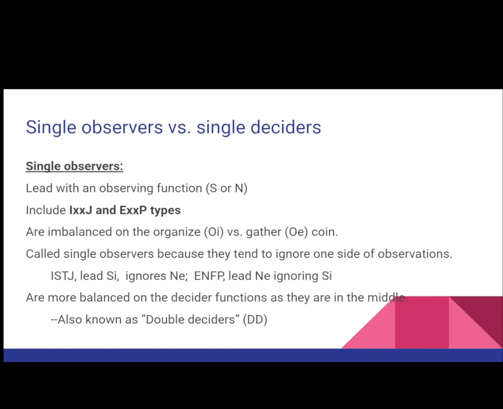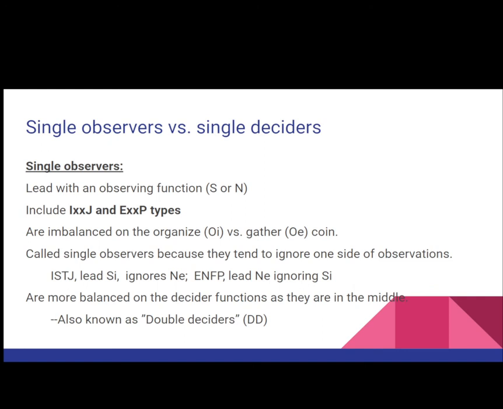And as a result of this, we call them single observers because they tend to ignore one side of the observational board. Like an ISTJ, for example, is leading with SI. So their bottom function in the stack is NE.